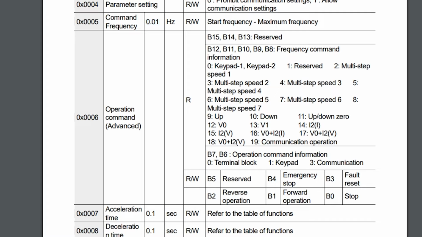We just put it in as an integer, it gets divided by 100, easy done. So generally we're going to be running this up to 60 Hertz, so we will be telling it 6,000 and that will get divided through to 60.